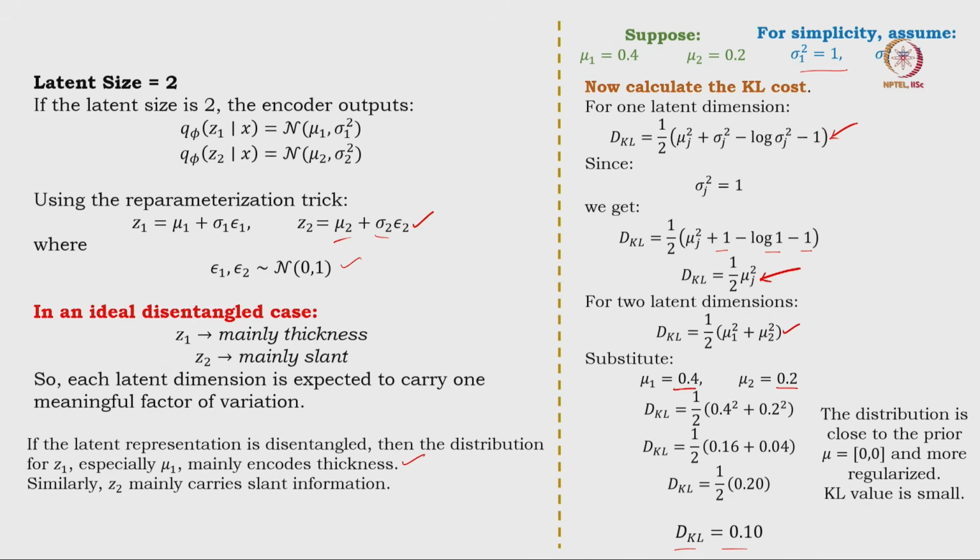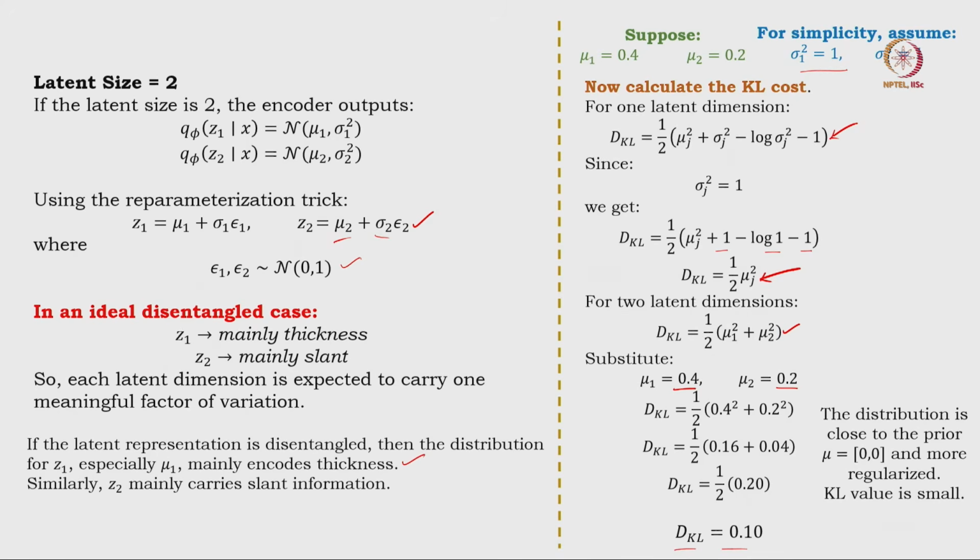If it is very much closer to the prior distribution, when is this possible? Only when the mean values are less. If the mean value is less, is it not that it has captured less information? Are you able to backtrack and do the reverse engineering explanation here? So, I am bringing it back once again.